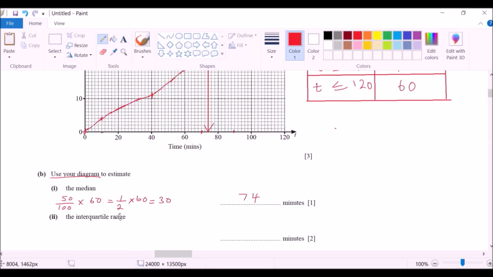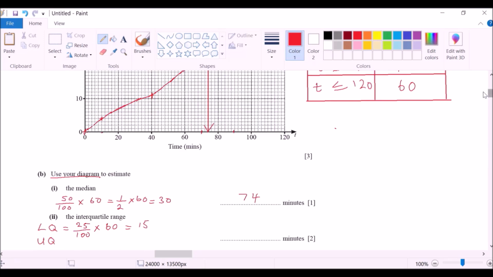Now we are asked for the interquartile range. So we need to use the graph to find the lower quartile and the upper quartile. Our lower quartile is the 25th percentile, which is 25 over 100 of our total cumulative frequency, which is 60. This is 1/4 of 60, which is 15.